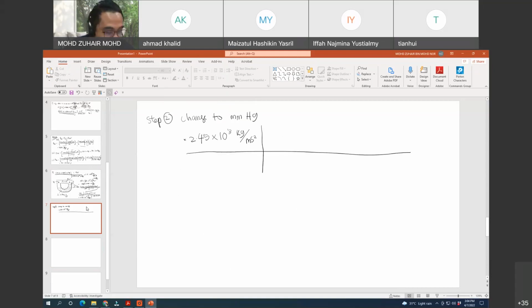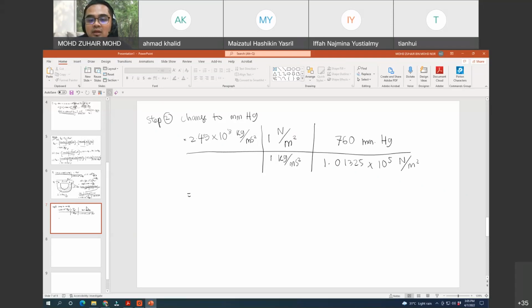Okay, so we are going to do some conversion. 1 kg/(m·s²) is equal to 1 nano Newton over m². And 1.1325 times 10^5 Newton/m² is equal to 760 mmHg.